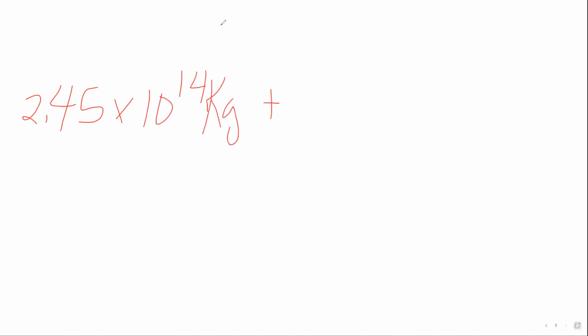Okay, so that you remember how to do that. So we're going to add 2.45 times 10 to the 14th kilograms. That's a plus. Just to remember, just doing one more. 4 times 10 to the 12 kilograms.